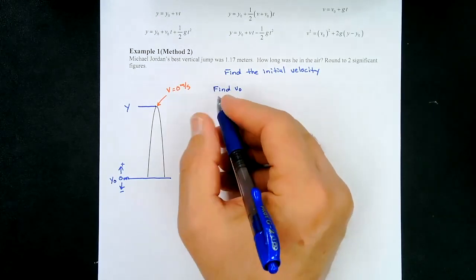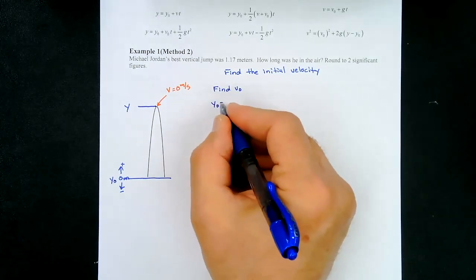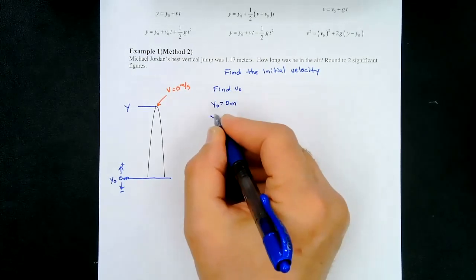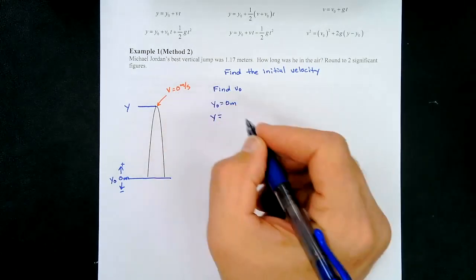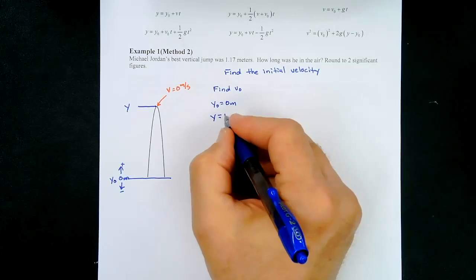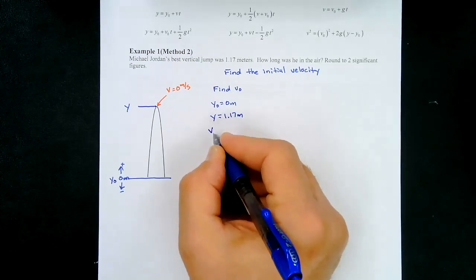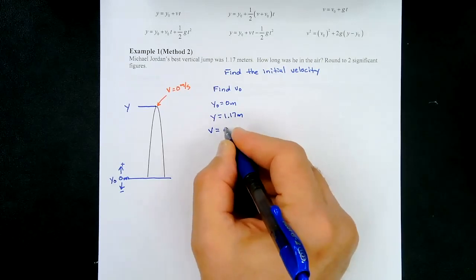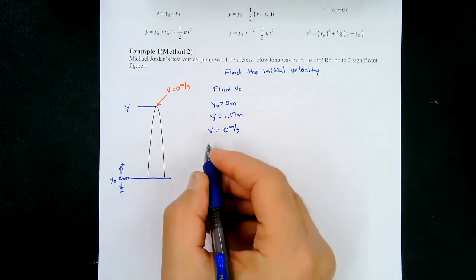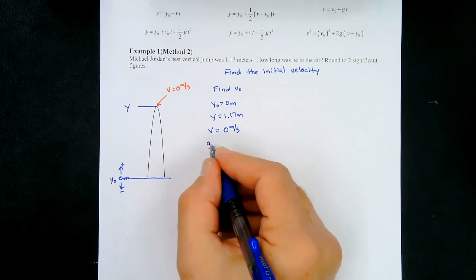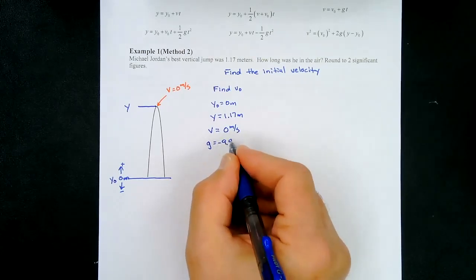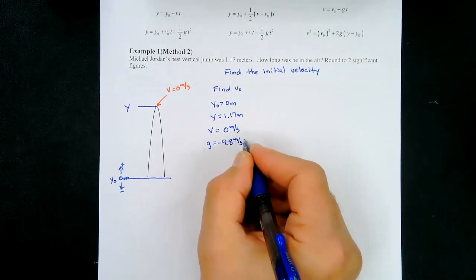And what's known is that my y sub 0 is 0 meters. My y, my final position when he reaches the 0 meters per second, is 1.17 meters. And I know v is equal to 0 meters per second. And then I also know that g is negative 9.8 meters per second squared.